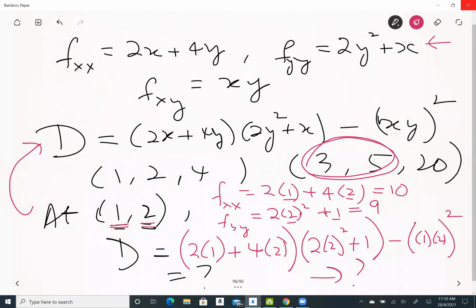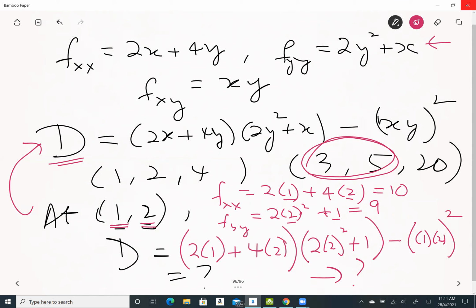Any question about that? This one has nothing to do with any function. This one is only to see an example where D is not that simple. D consists of X and Y. But don't worry, what you do, you just substitute the critical point.